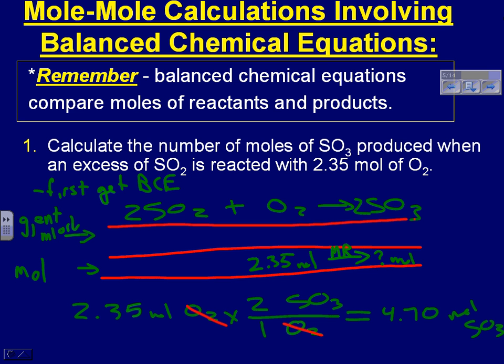The 2 and the 1 are whole numbers. 4.70. All right? That's the mole ratio. It's that simple. It comes from the coefficients, the big numbers, in the balanced chemical equation. What I have goes on the bottom. What I need to find about goes on the top. Let's do another example.